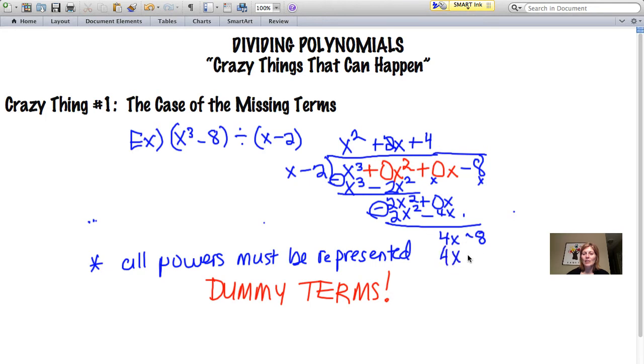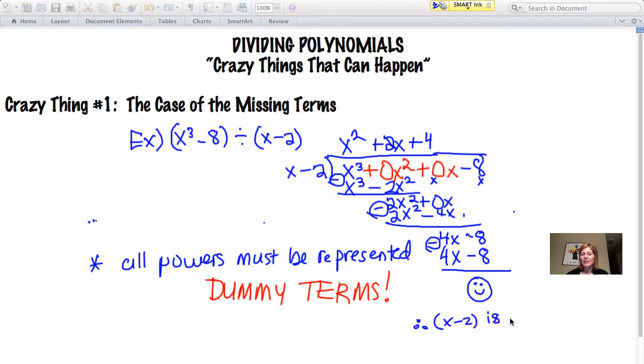And 4 times negative 2 gives me negative 8. And if I subtract 4x minus 8 from 4x minus 8, I'm left with 0, which makes me happy because that means that I won the game. And it's also telling me that, therefore, I know that x minus 2 is a factor.